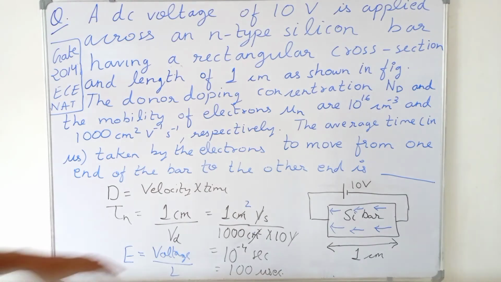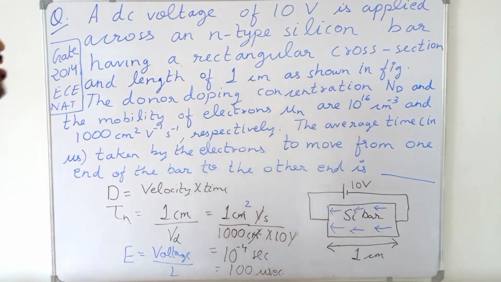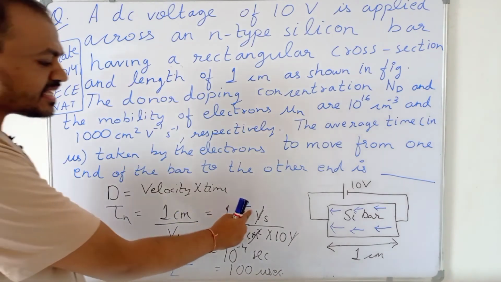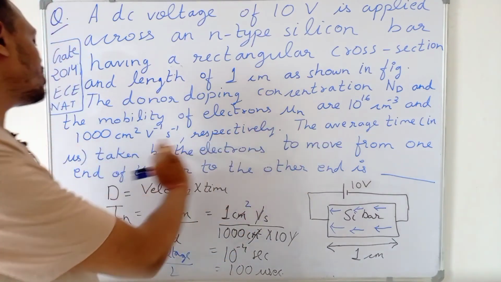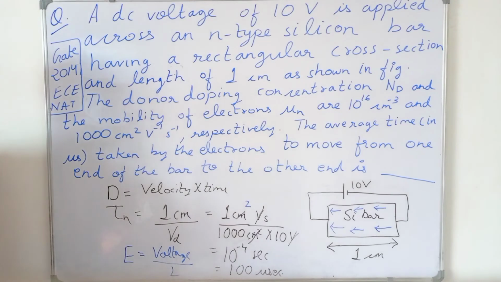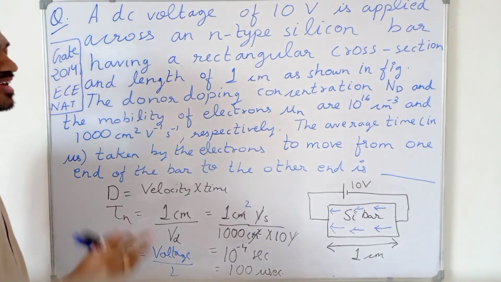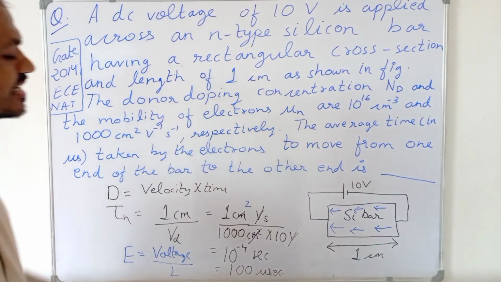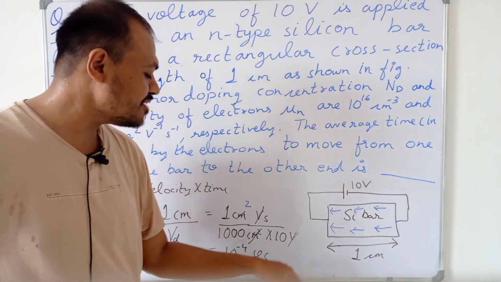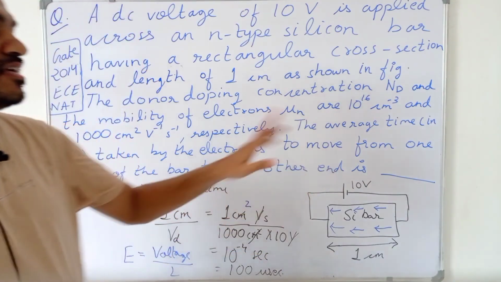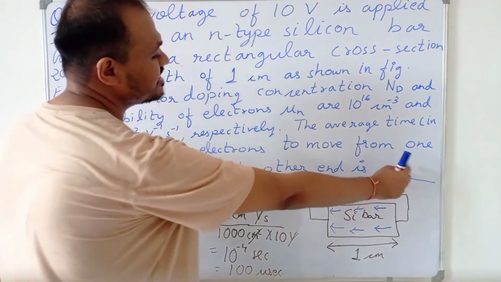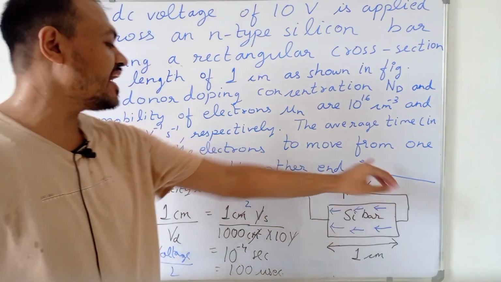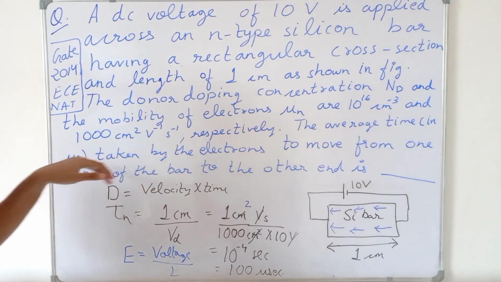So I have solved with units, so that the units become clear to you, because length was in centimeter, and mobility was in centimeter square per volt second. So obviously centimeter square and centimeter square get cancelled. So we will get the answer in second. We have to convert that to microsecond. So this was a numerical answer type question, and it was asked average time in microsecond.